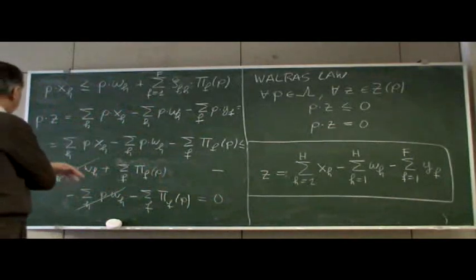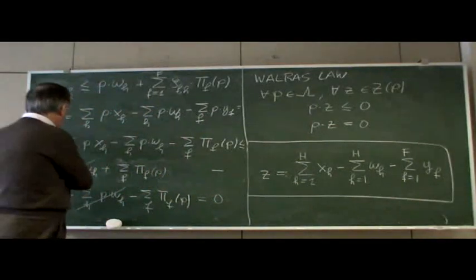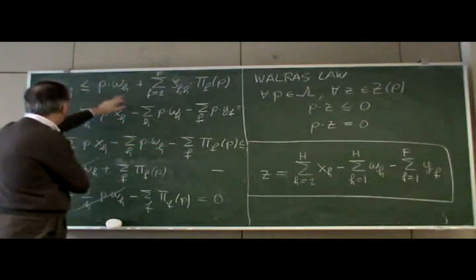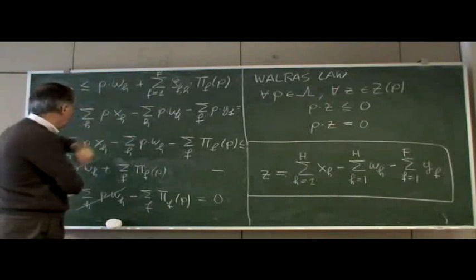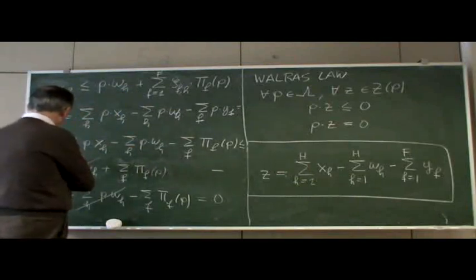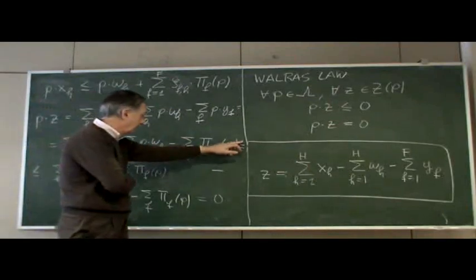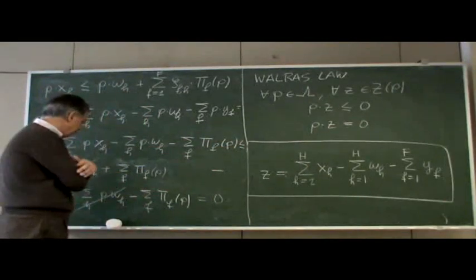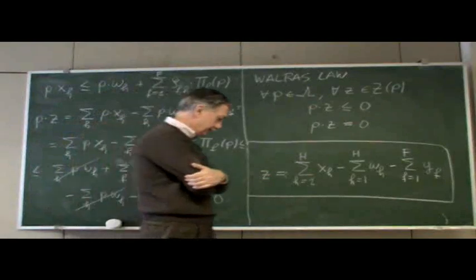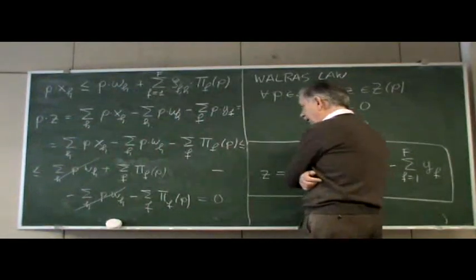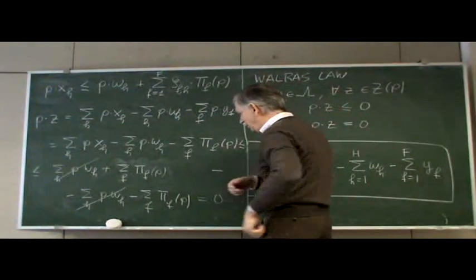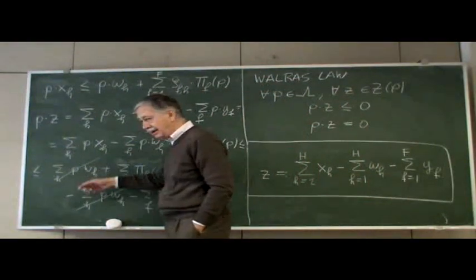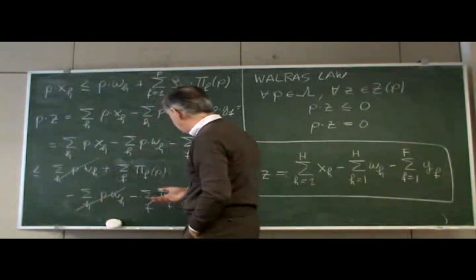At this point, combine this expression with this inequality. For every H, this inequality must hold. So you simply write less or equal to this expression. It is a fortune that the total value of initial endowments can be simplified.